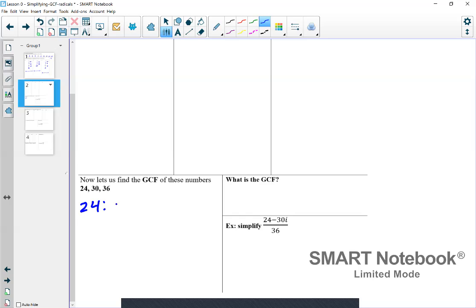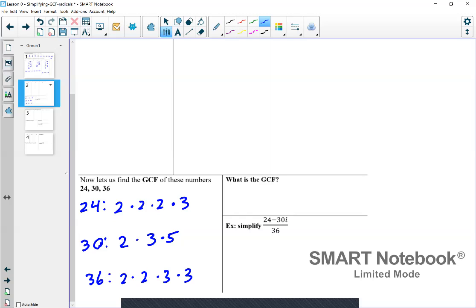So 24 is 2 times 2 times 2 times 3. 30 is 2 times 3 times 5. Now, 36, on the other hand, we said is 2 times 2 times 3 times 3.